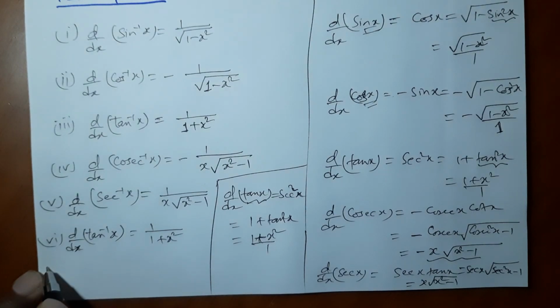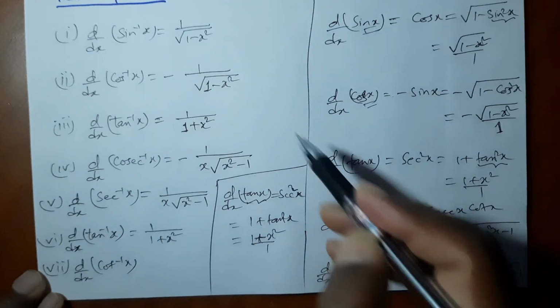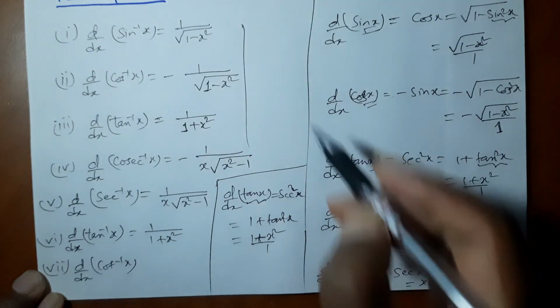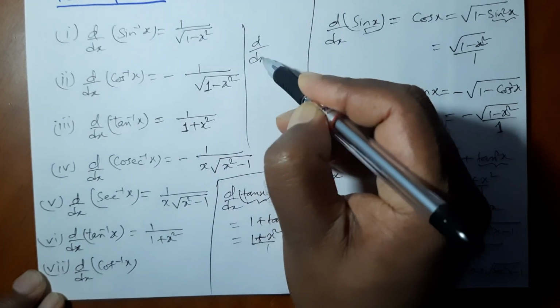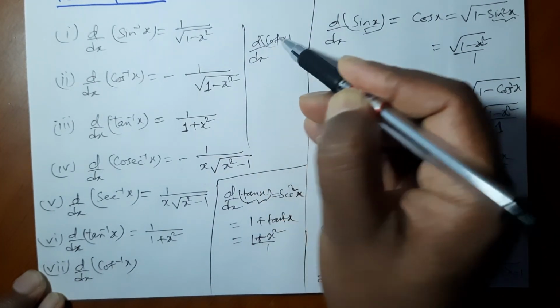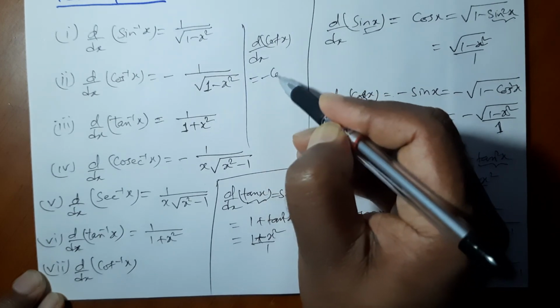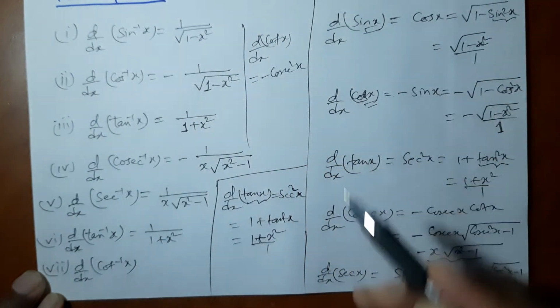All right, so here I will find out the derivative of cot inverse x. For finding out cot inverse x, let us take the derivative of cot x. Cot x derivative is minus cosec square x.